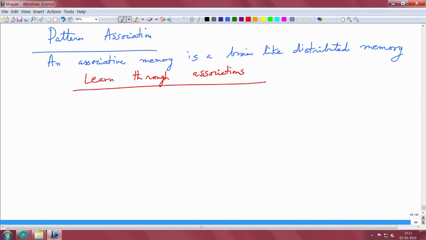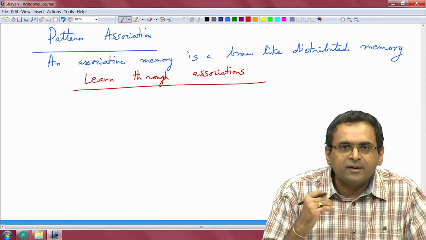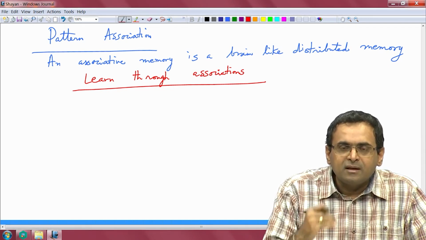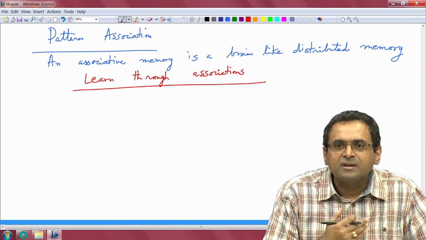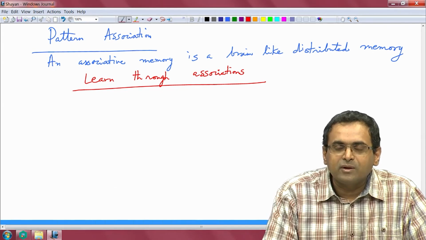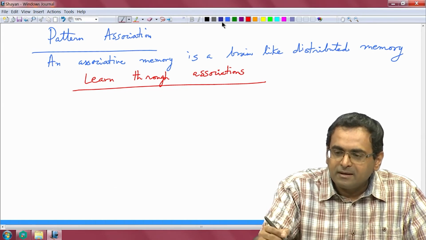What we mean by learning through associations is we repeatedly feed an input to a network and the network learns this, and there is a storage phase and then there is a recall phase, and when I give a stimulus which is similar to the input, it evokes a response which is what it has learned during the learning process, right.